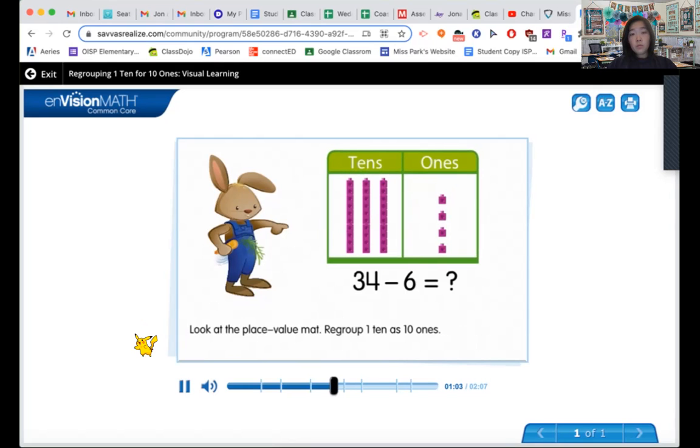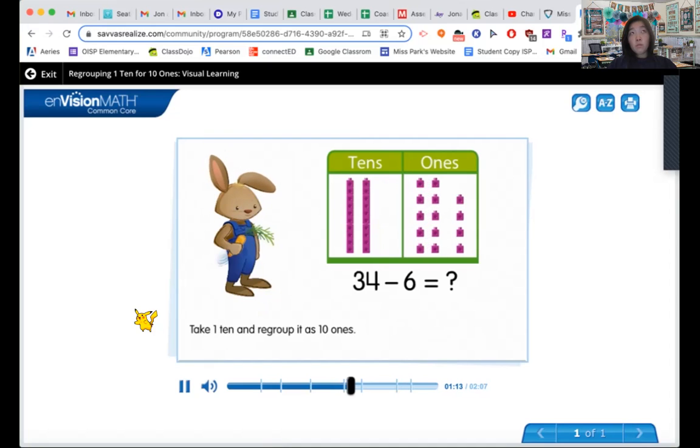Look at the place value mat. Regroup 1 ten as 10 ones. How do you regroup? Take 1 ten and regroup it as 10 ones. How many ones are there after you regroup the 10? There are 14 ones. Subtract 6.